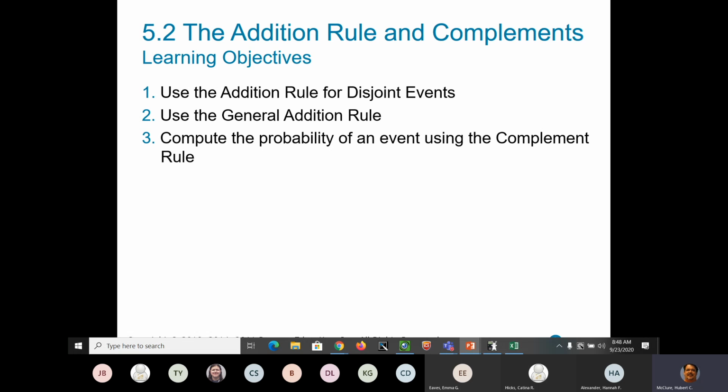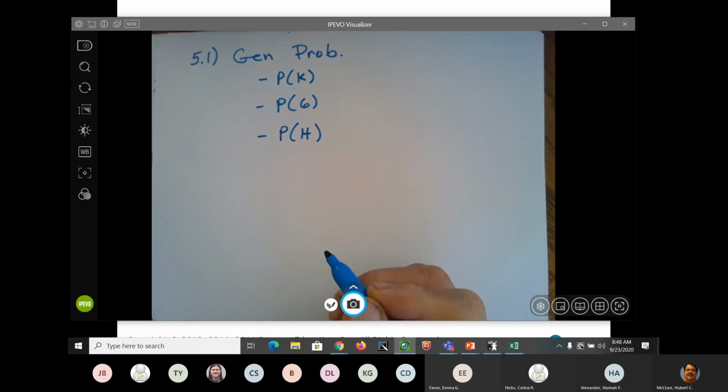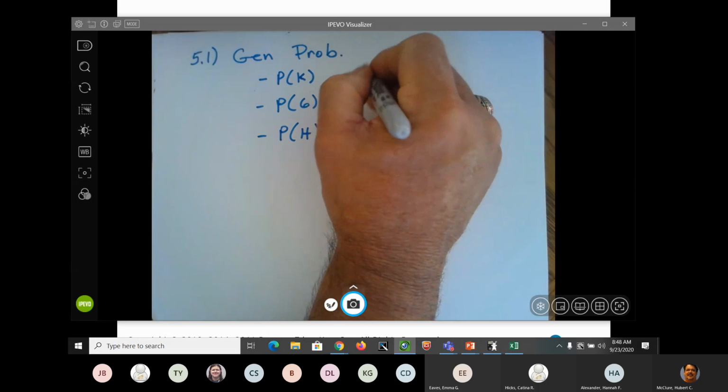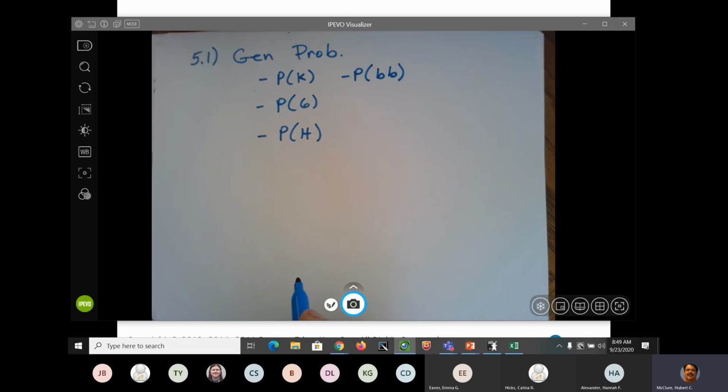This is probably 30 to 40% of your Unit 2 test. 5.1 is general probability, and general probability consists of the probability of a king in a deck of cards, the probability of a 6 on a die, the probability of heads on a coin, the probability of 2 children, boy. Those are general probabilities.